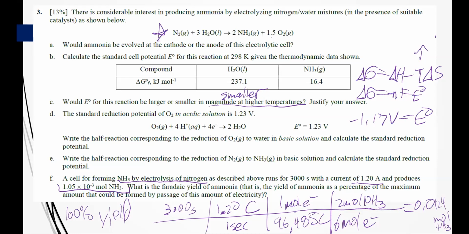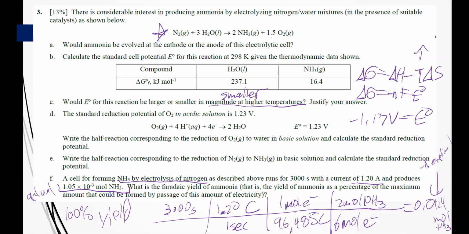With the NH3. So is this one going to be our theoretical or our actual? The value that I just calculated, 0.0124, is this our actual? This is our theoretical, because this is what we calculated based on their inputs. The part that they said they produced, 1.05 times 10 to the minus 3, this is the actual.